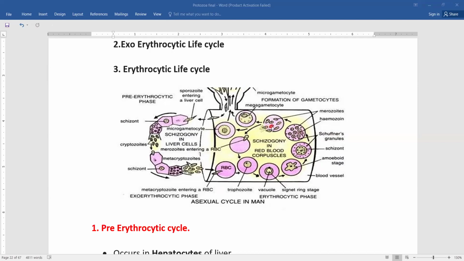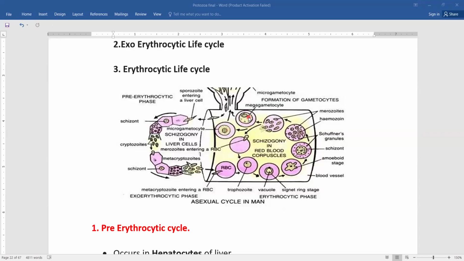But some of these merozoites, the erythrocytic merozoites maybe, or hepatocytic merozoites, cryptomerozoites, are converted into microgametocyte and megagametocyte.